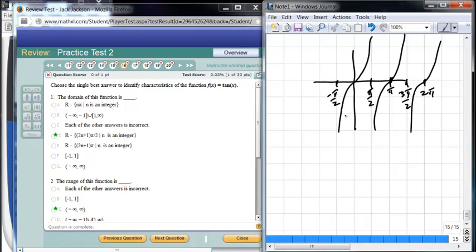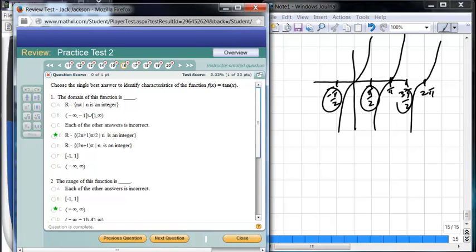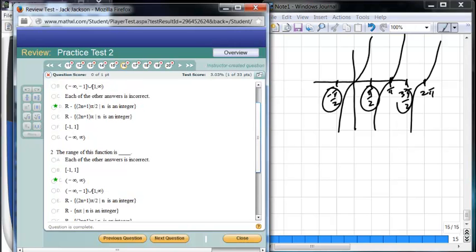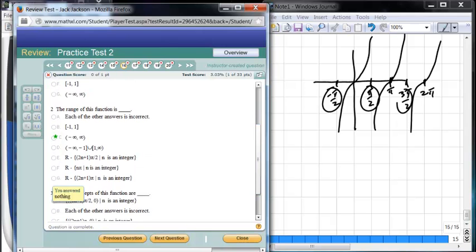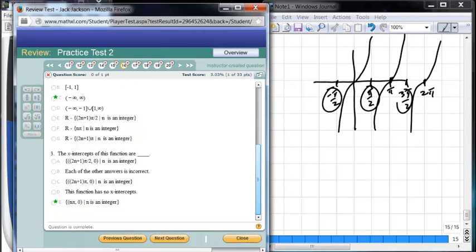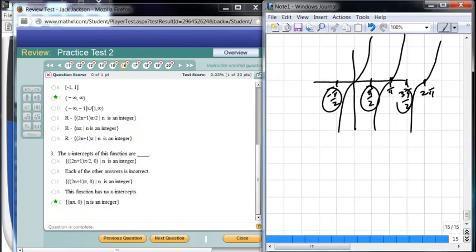Okay? The domain is all reals except for these guys where it has the asymptote, which are odd multiples of pi over 2, 2n plus 1 times pi over 2. And so x equals those values will be vertical asymptotes. The range is all reals, negative infinity to infinity. The x-intercepts are 0, pi, 2 pi, multiples of pi, n pi, and then y is 0.